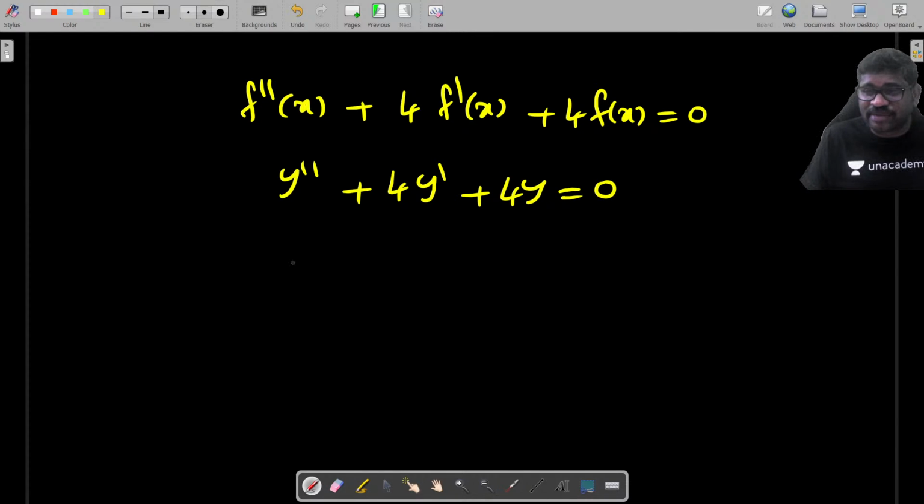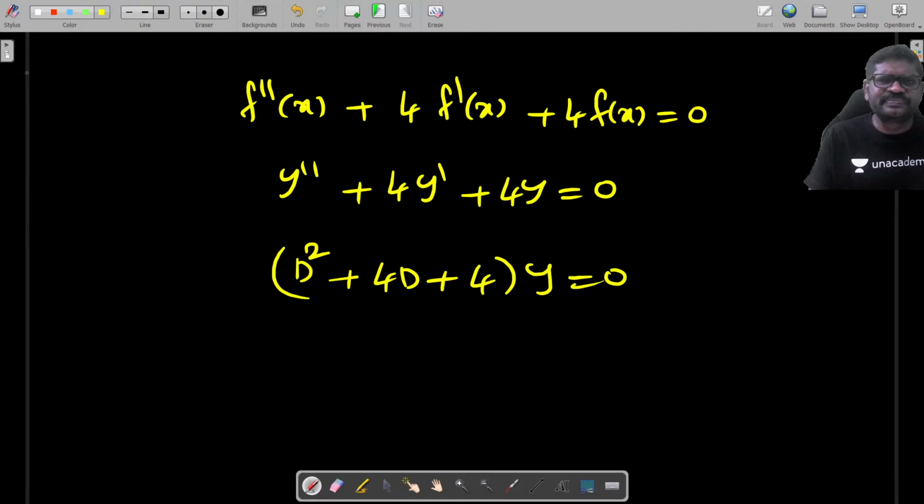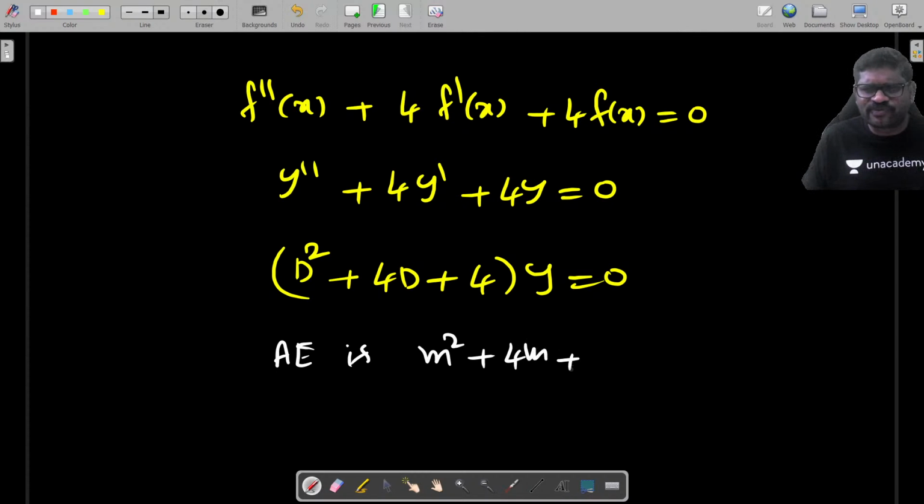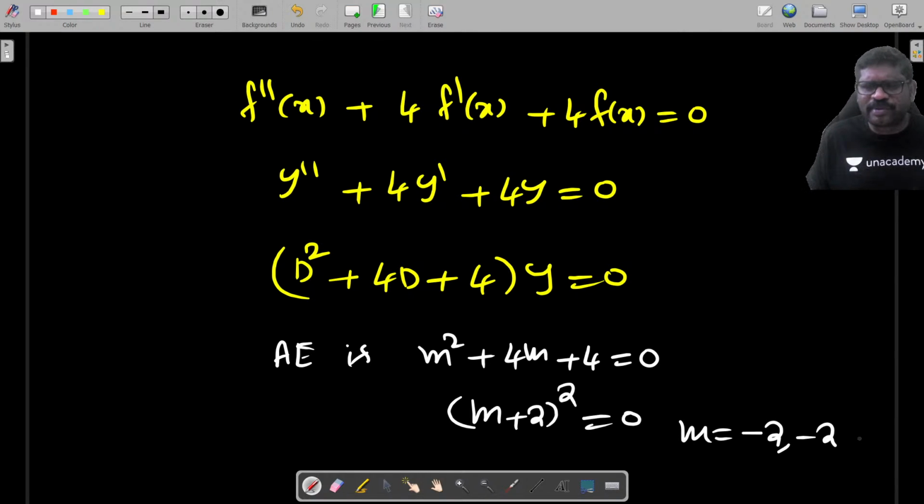The given equation can be written in operator form as D square plus 4D plus 4 of y equal to 0. The auxiliary equation is m square plus 4m plus 4 equal to 0. m plus 2 whole square equal to 0. m is equal to minus 2, minus 2.